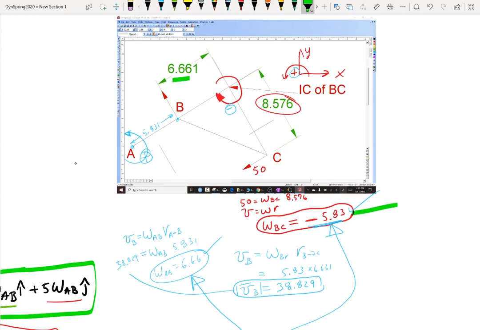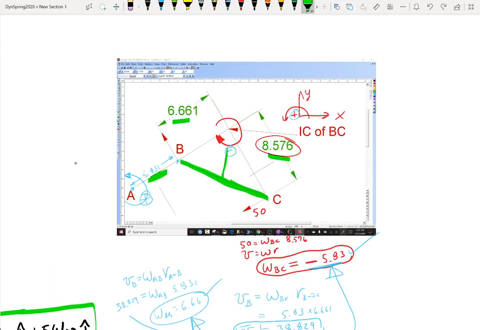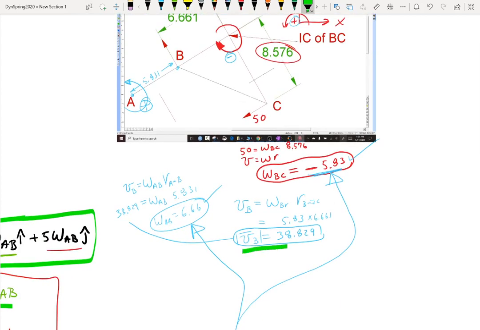And from omega BC, from the fact that this rotates around this, means that that point we can determine because we know this distance. So doing that, we got, here, we've got the value of the velocity of B, which we didn't need to solve from previously. We could.